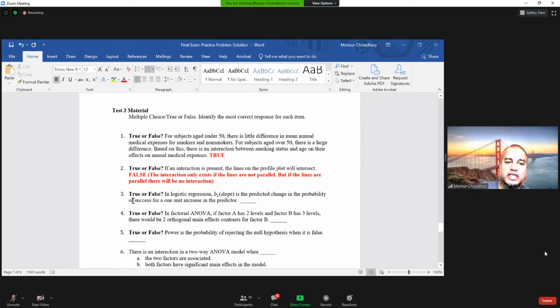Okay, now question 3. What do you think? True or false: in logistic regression, B1 is the predicted change in the probability of success for 1 unit increase in the predictor. There was a question in your test 2 about the interpretation of B1.